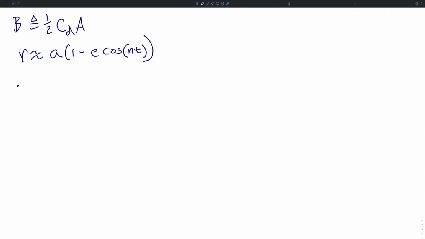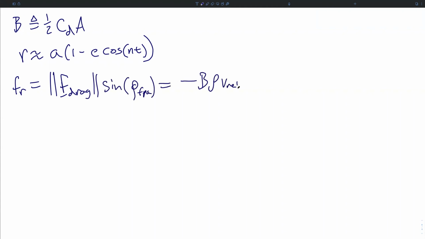Therefore, the radial force on the spacecraft, F_r, is given by the magnitude of the drag force times the sine of the flight path angle, and is equal to negative this B factor times the atmospheric density times the relative velocity magnitude times the gravitational parameter of the central body divided by the specific angular momentum of the orbit times the orbital eccentricity times sine of the true anomaly.